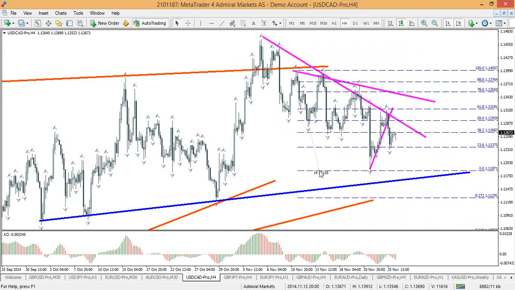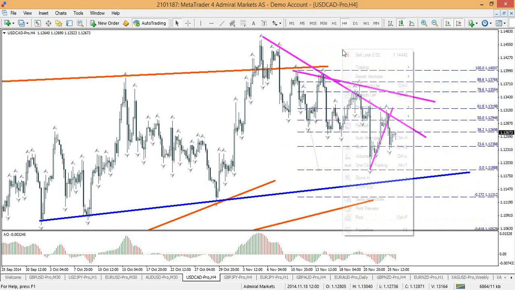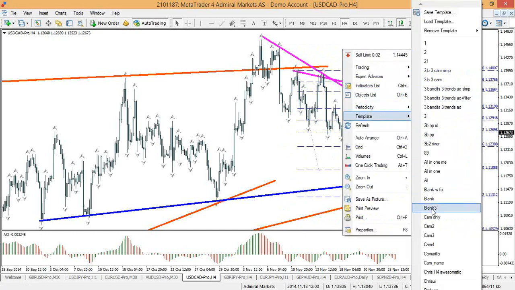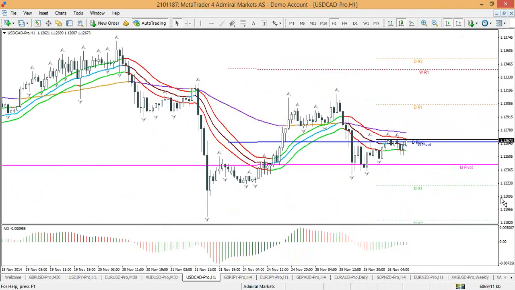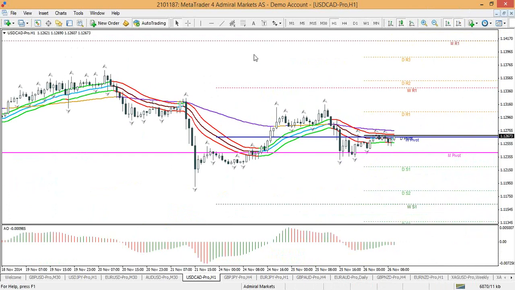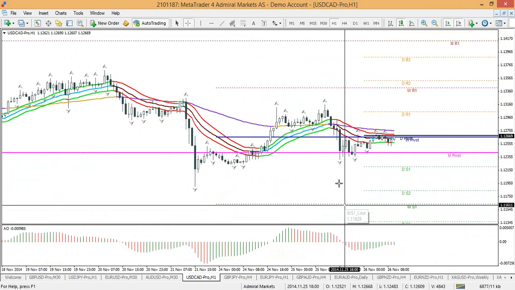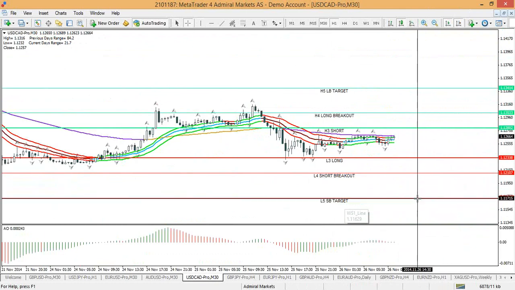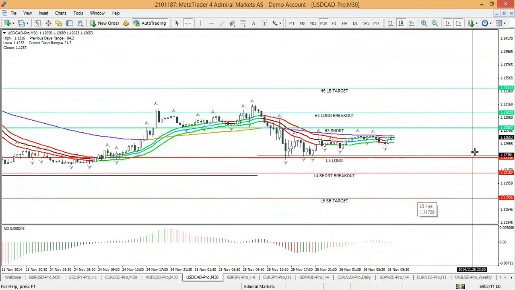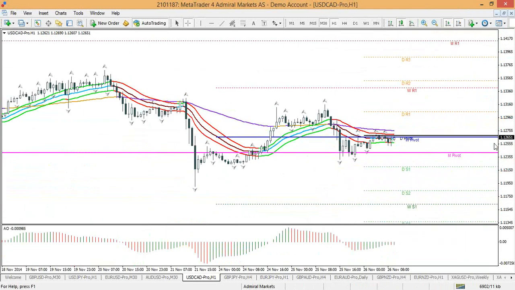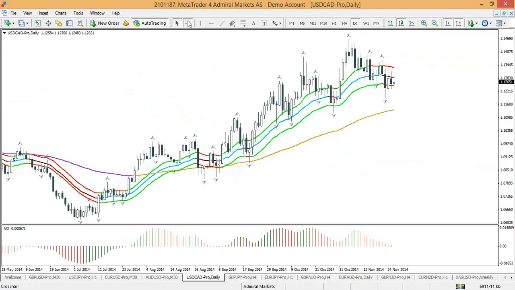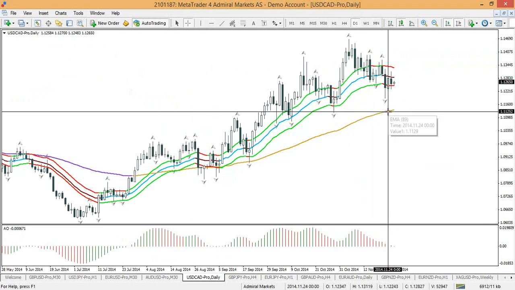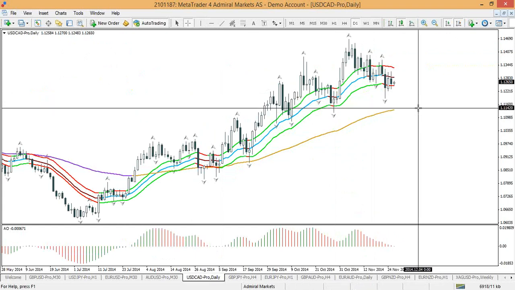Minus 618, excuse me. I think it makes sense, yeah. If it gets there, there is a daily support level in here. So ultimately, it could be the last bouncing spot.